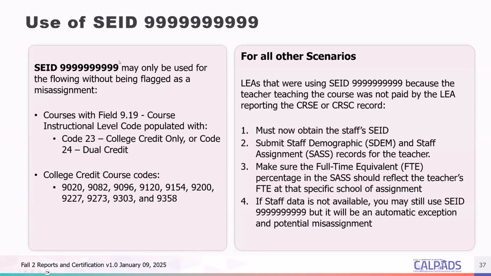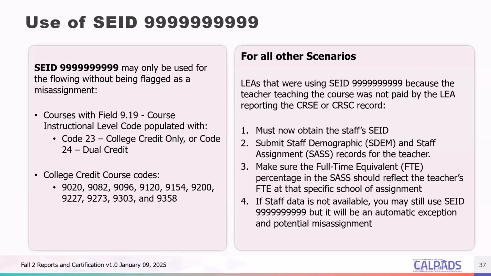Then during the assignment monitoring process, you could correct it and show that the staff member is credentialed and has a seed, and it can be a CalPADS error. If you're waiting on a seed for a staff member, keep in mind you still have until February 28th to finalize Fall 2. However, if it doesn't come in a timely fashion, you go ahead and report the course.